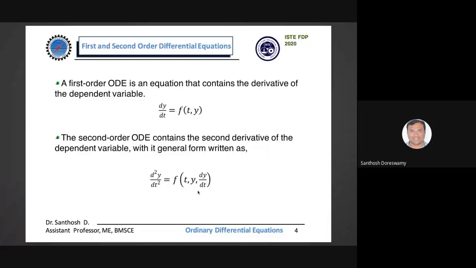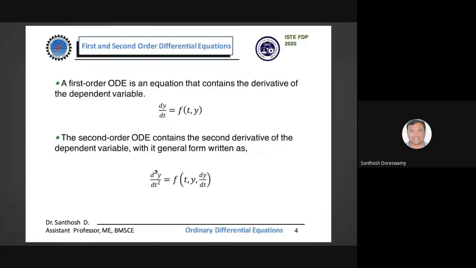So you will have d square y by dt square equals a function of t comma y comma dy by dt. Now, if you have this type of differential equation, you can clearly see that the order of the differential equation is 2.